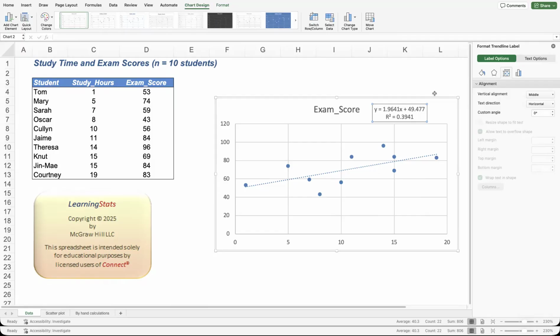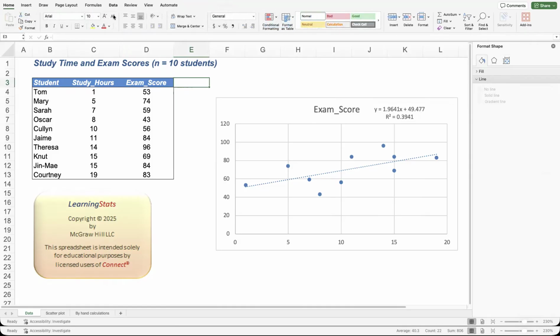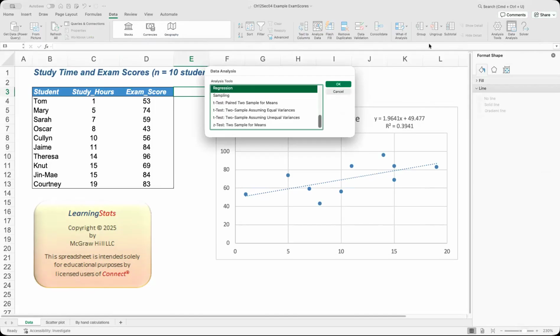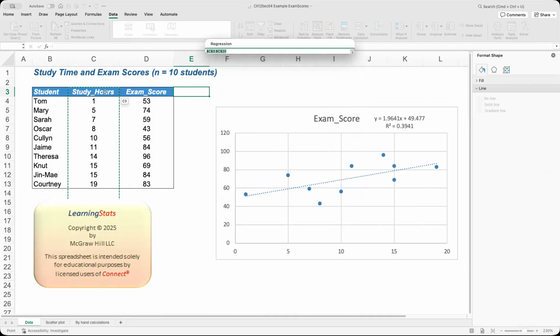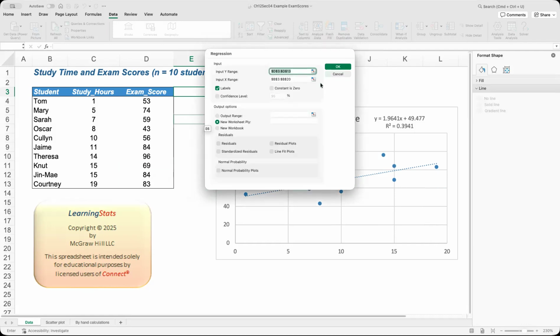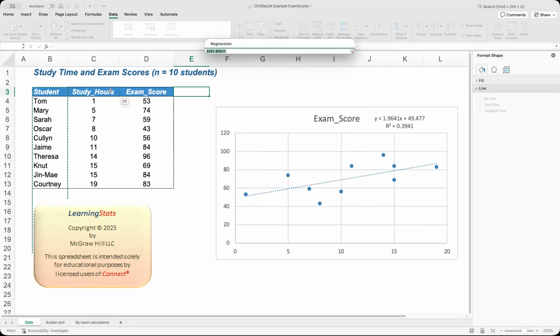If I do the full ANOVA calculation with all of the bits and bobs from data, data analysis, regression, Y first: exam scores goes from here to here. X second: study hours goes from here to here.